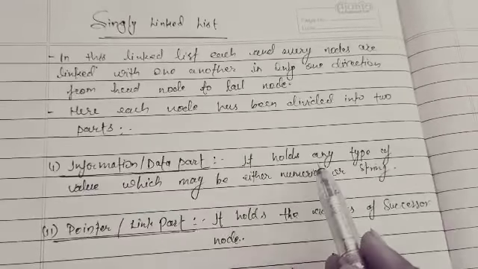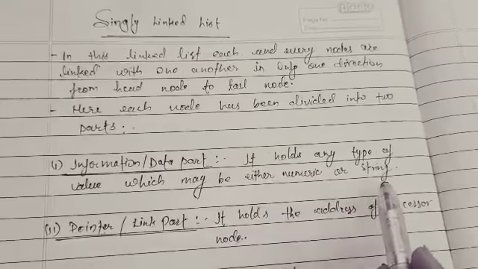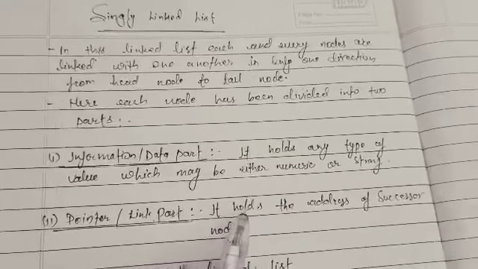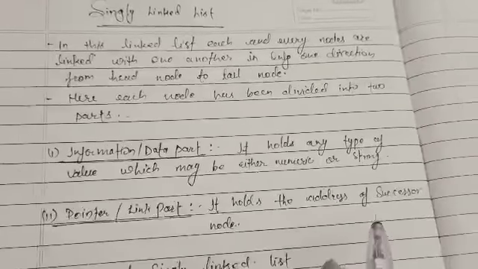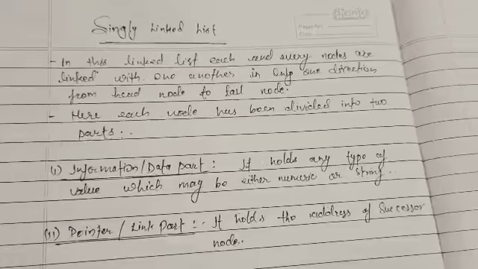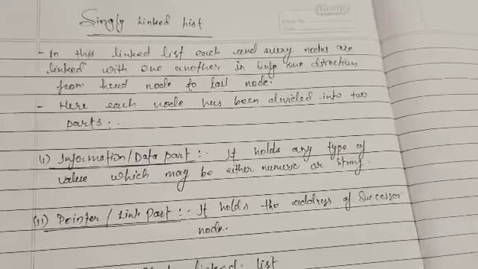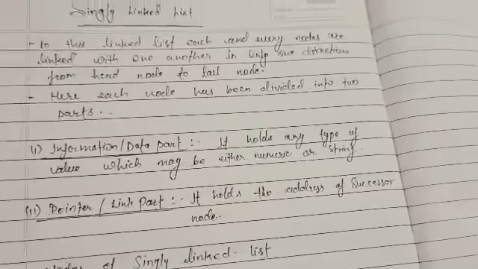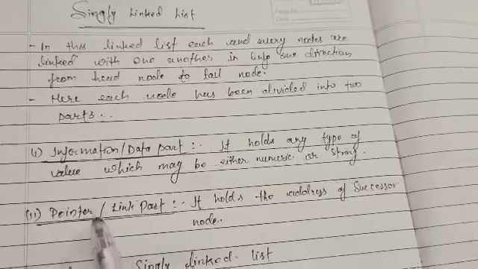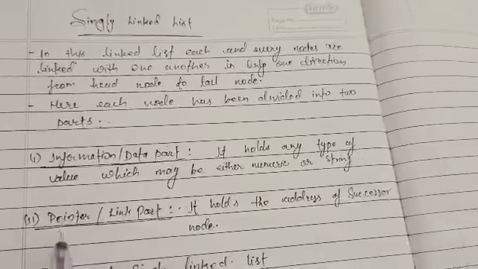The data part holds any type of value, which may be either numeric or string. So we can store any values in the data part, either numeric or string. And the second one is the link part, which is also known as the pointer.